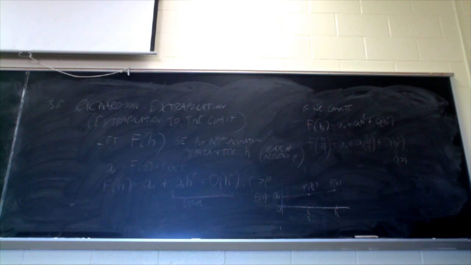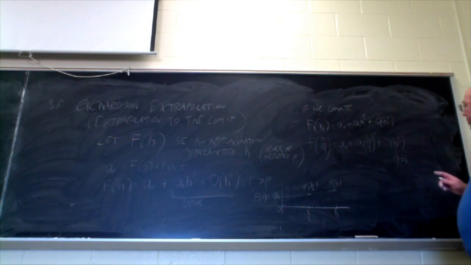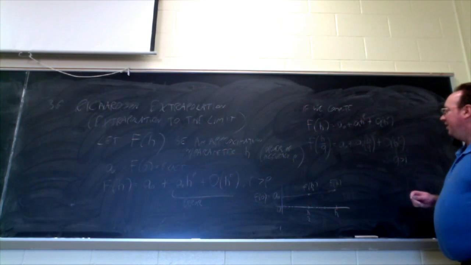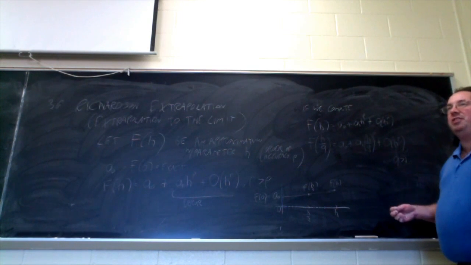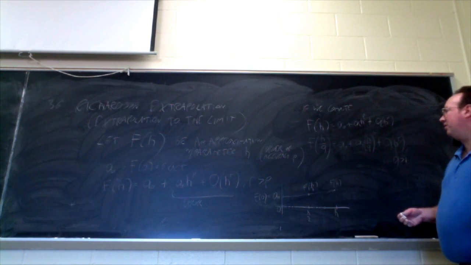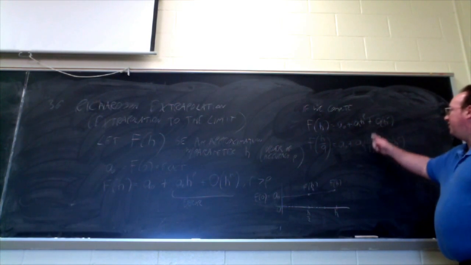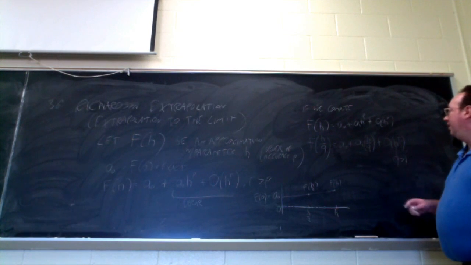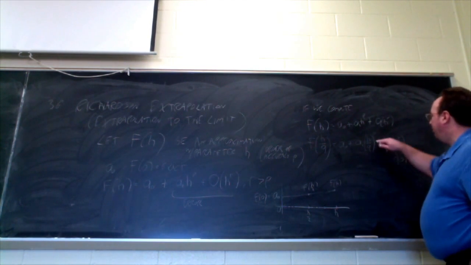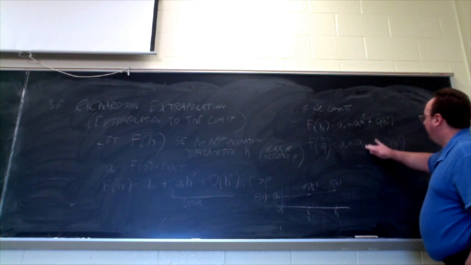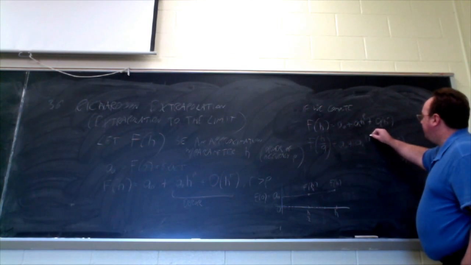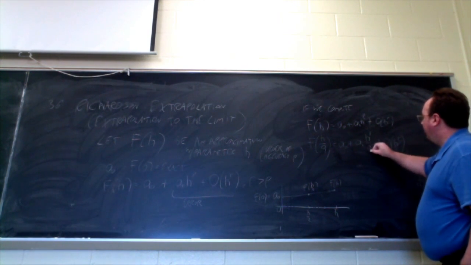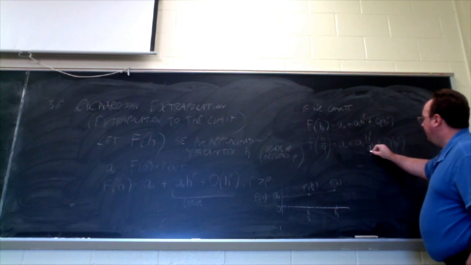Okay, so what can we do with this information to more rigorously get a more accurate approximation? The idea is we want to cancel out these error terms. So what I can do is rewrite this fraction as h to the p over q to the p.